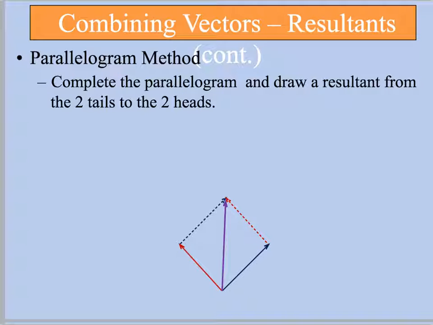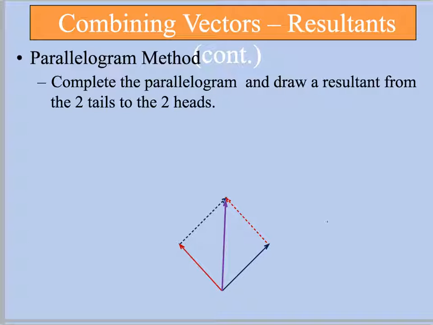The parallelogram method for drawing the resultant is a little bit more complicated. This idea of drawing an overall resultant is the same idea as the resultant in the head-to-tail method, but getting it is a little harder.